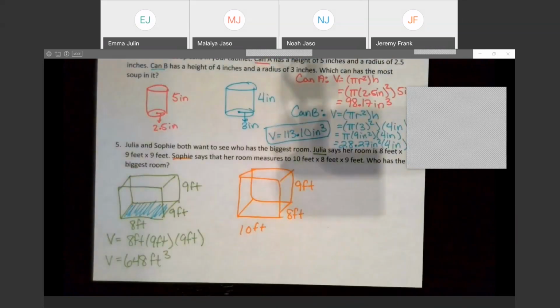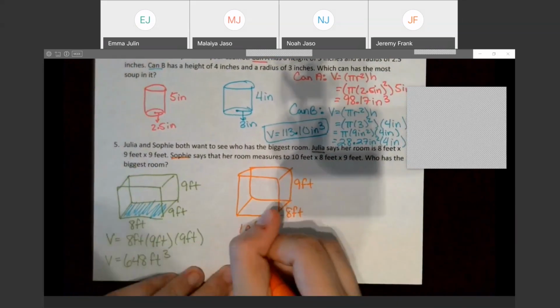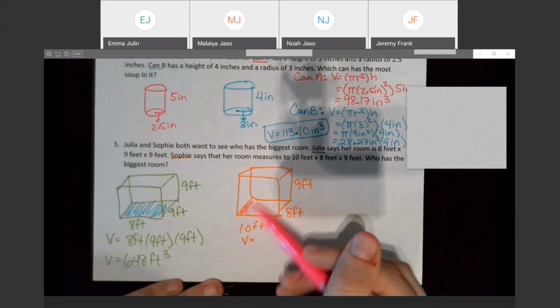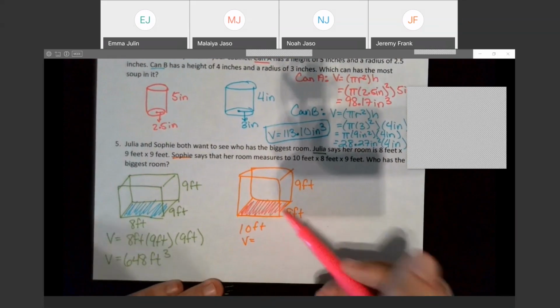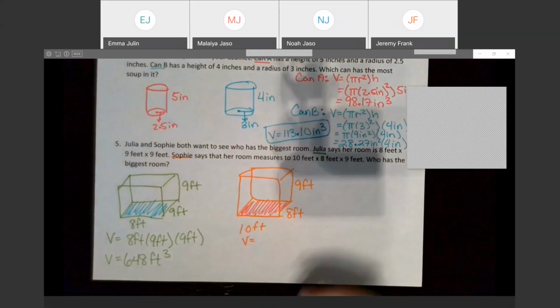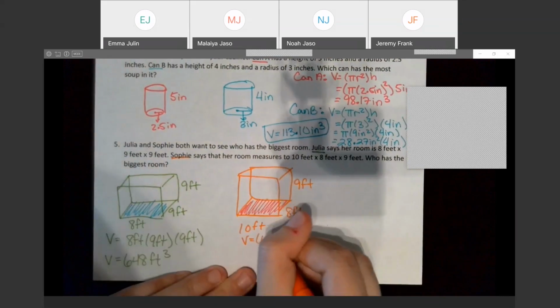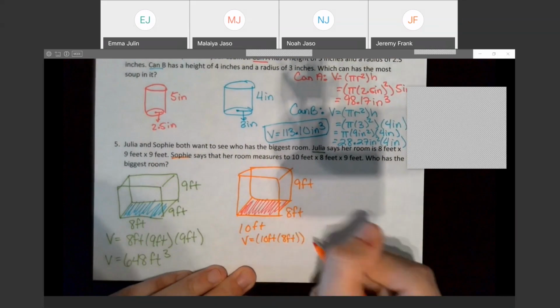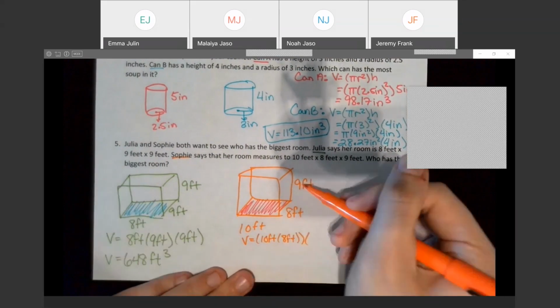Now for Sophie's, the volume is equal to, again, same thing. We're multiplying our base by our height. And our base in this one is 10 feet by 8 feet. So we'll plug in 10 feet by 8 feet, and multiply that by the height of 9 feet.